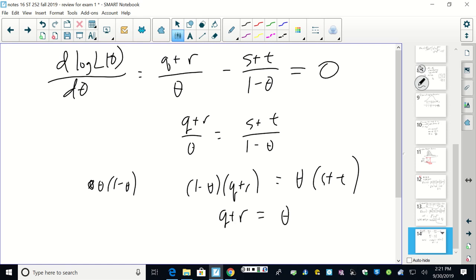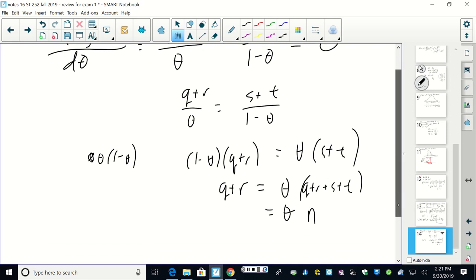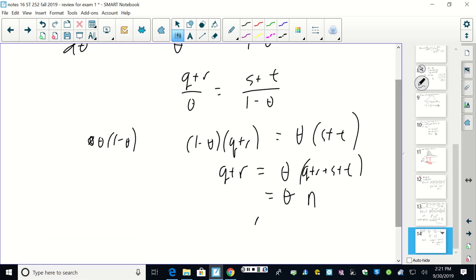And then you take everything that has a theta in it and add it over here. And there's Q plus R plus S plus T, which is our total sample size n. So theta hat finish is this Q plus R over n.